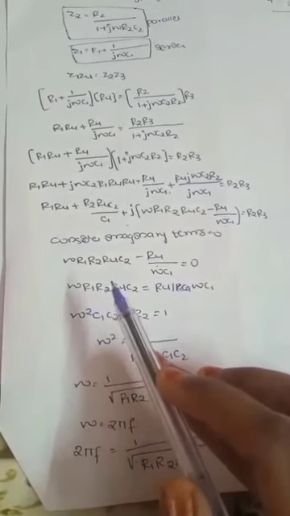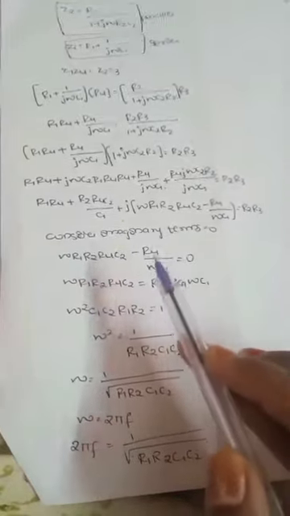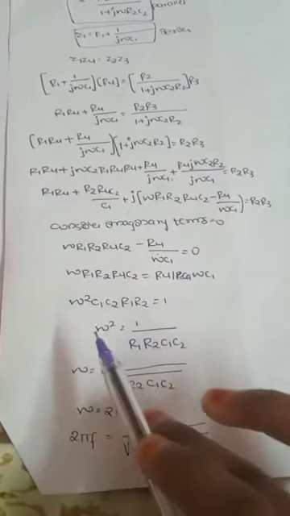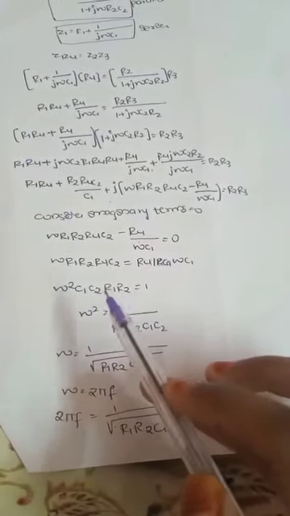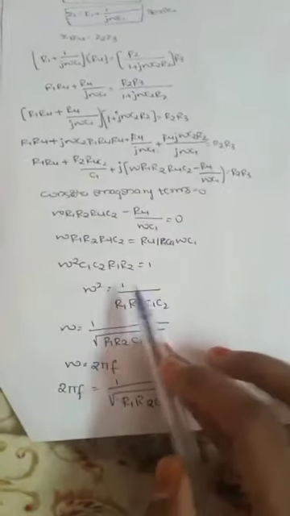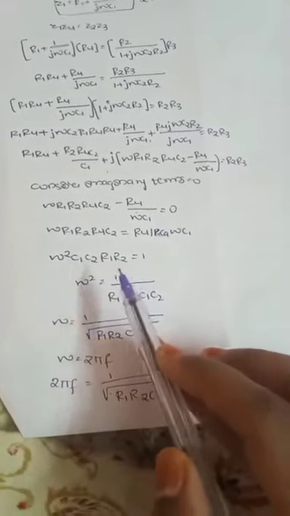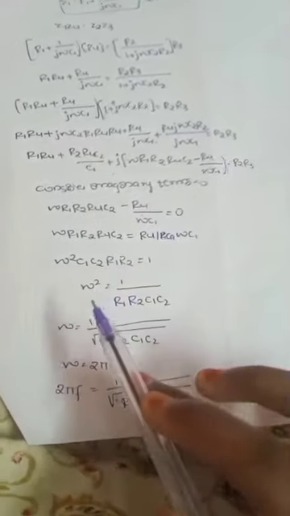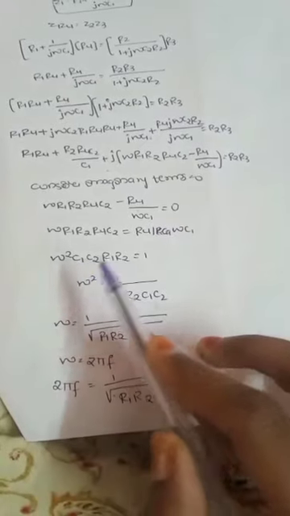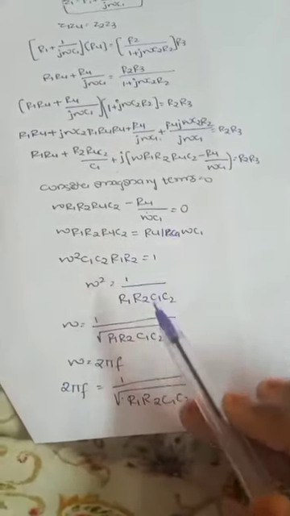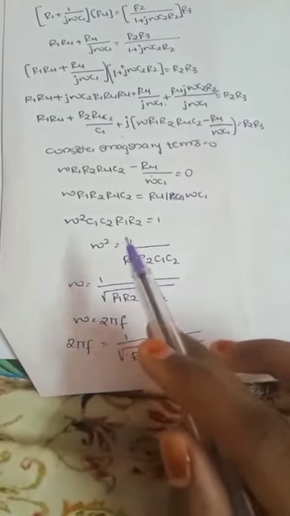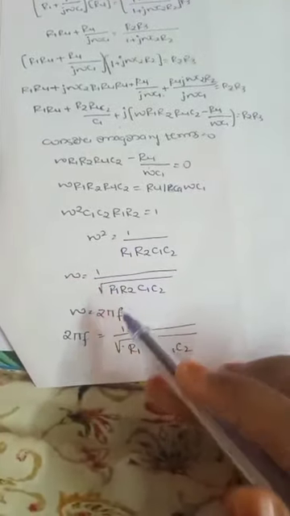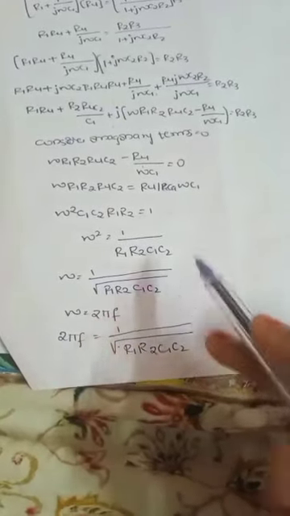Omega R1 R2 R4 C2 minus R4 by omega C1 equals 0, so omega R1 R2 R4 C2 equals R4 by omega C1. Then omega square C1 C2 R1 R2 equals 1, so omega square equals 1 by R1 R2 C1 C2.